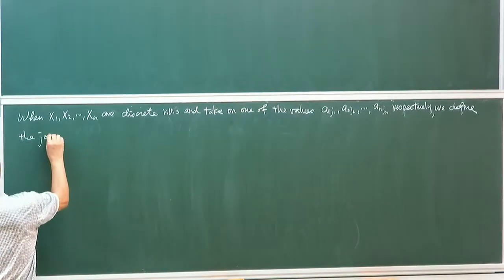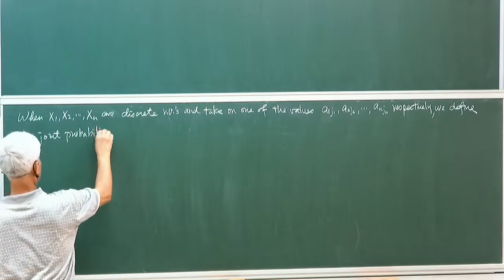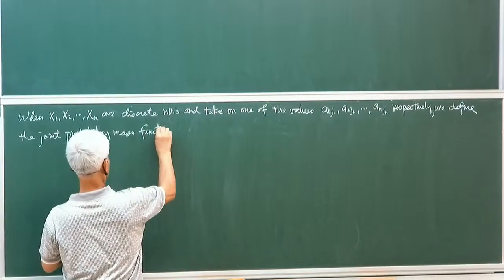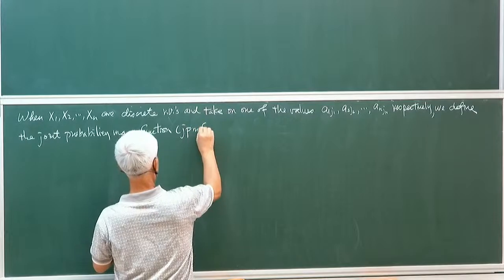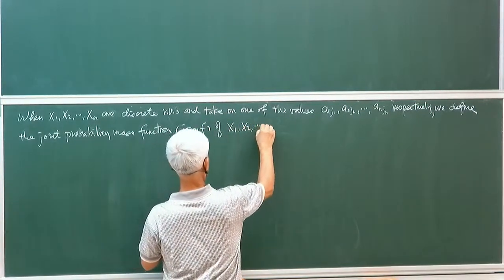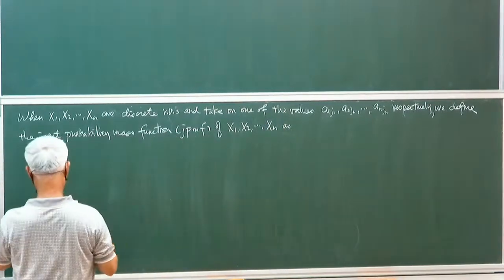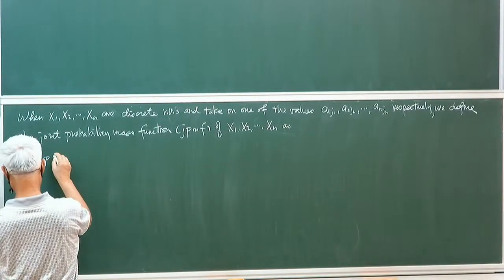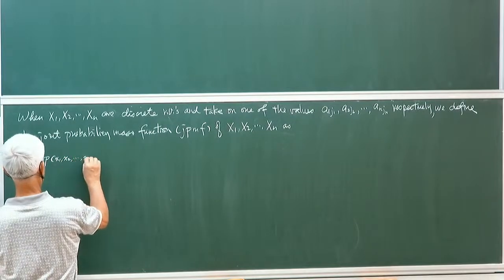Then we define the joint probability mass function, called JPMF, of x sub 1, x sub 2, up to x sub n. As here, little p of x1, x2, up to xn.